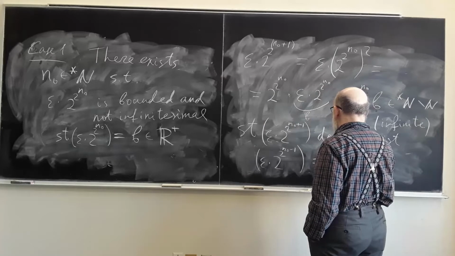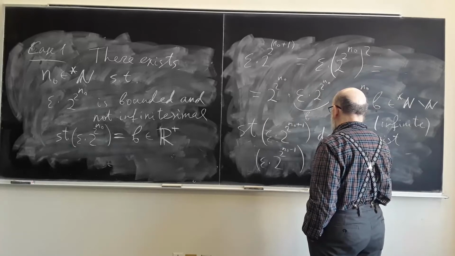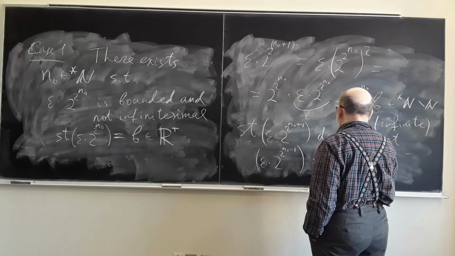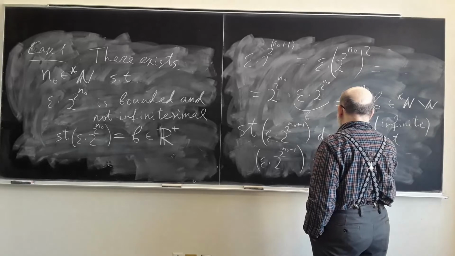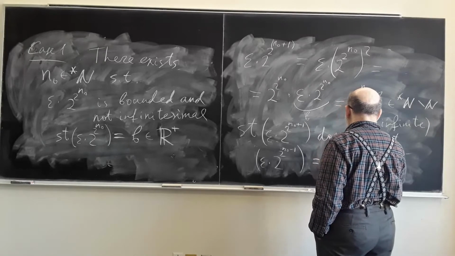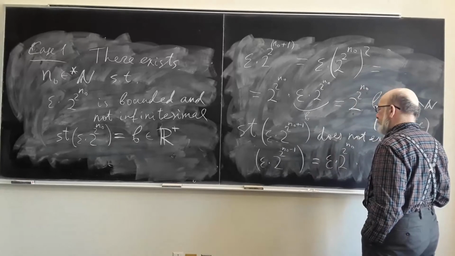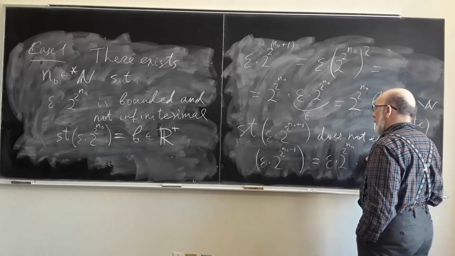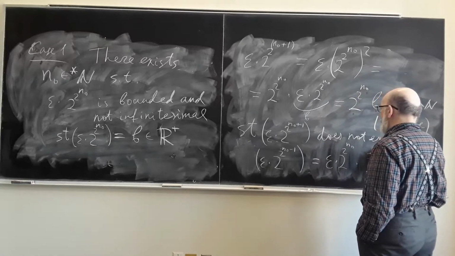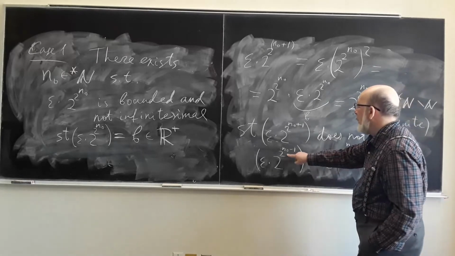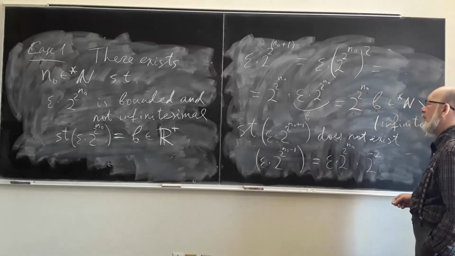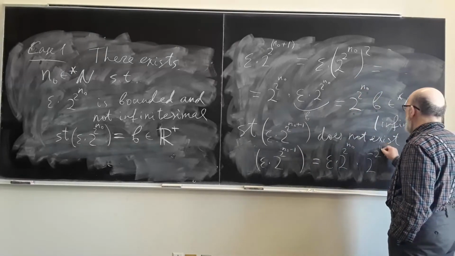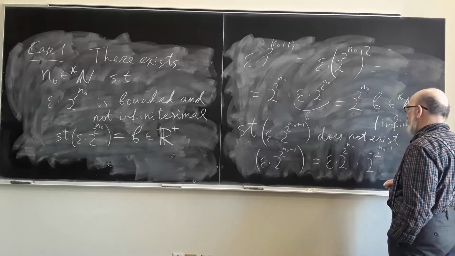This number, it turns out, equals epsilon times 2 to the power 2 to the power n0 times 2 to the power minus 2 to the power n0 minus 1, yeah?